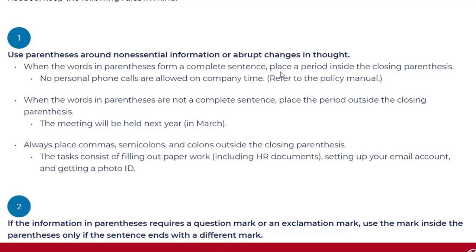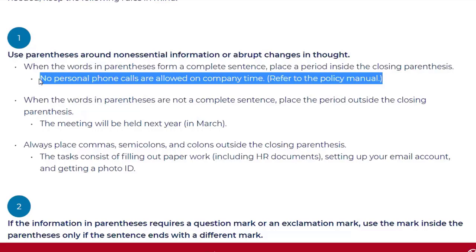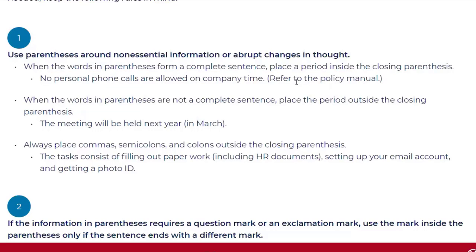Okay. Now, if we look at this sentence, it has information in parentheses, and if we look at that information, we would come to know that it is not that important. This is something supplemental, something extra.